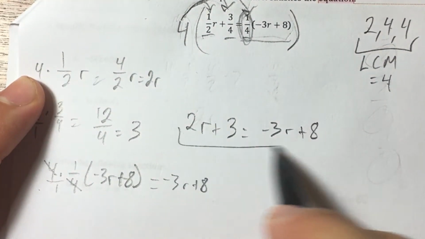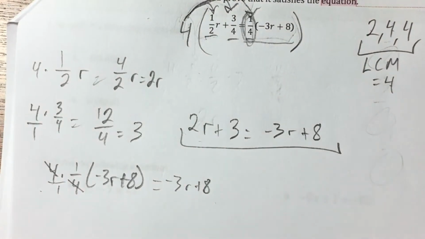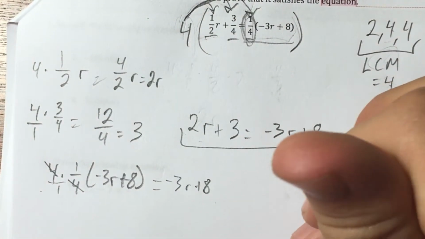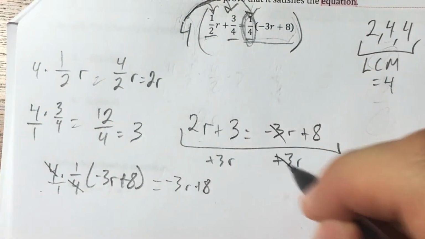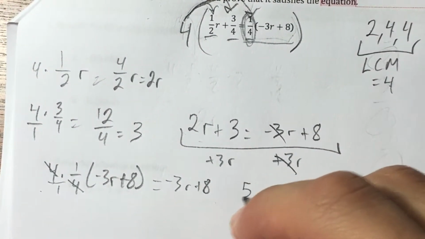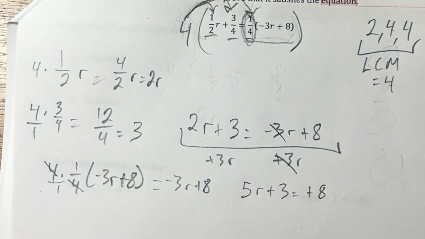Now, this equation looks a whole lot more manageable. So if I want to solve for r, I could add 3r to both sides. These would cancel out. We'd be left with 5r plus 3 equals positive 8.